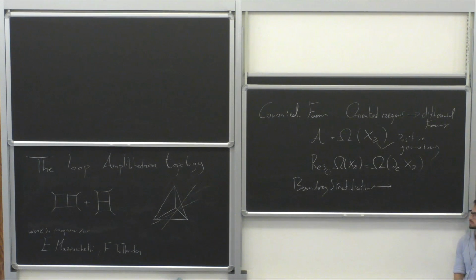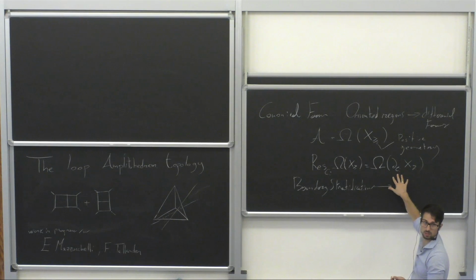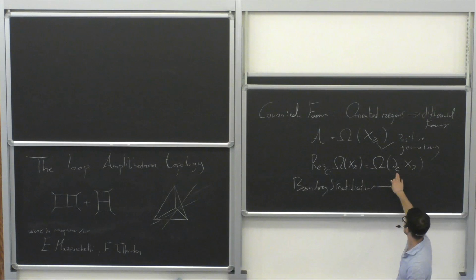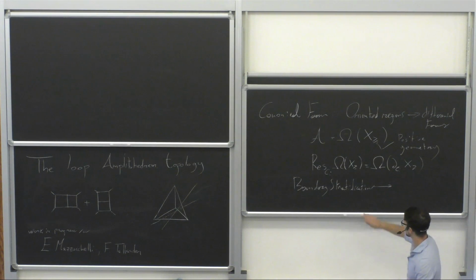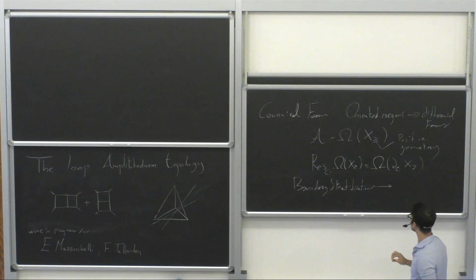In other words, if I want to take a residue, what I can do is take a boundary on the geometry and then compute the canonical form. I can invert the order of these operations, and the way of doing it is the map defined here. So what we're interested in studying is the boundary stratification, that is the successive application of this boundary map. And on the side of the cohomology, this means computing all possible residues.